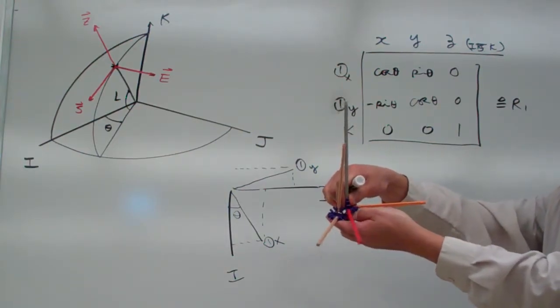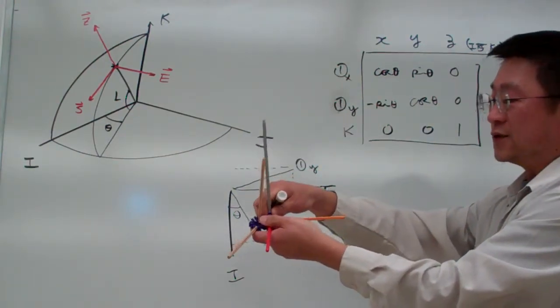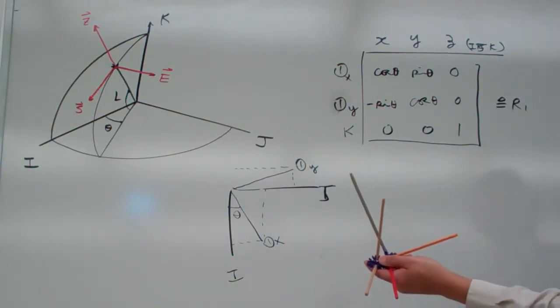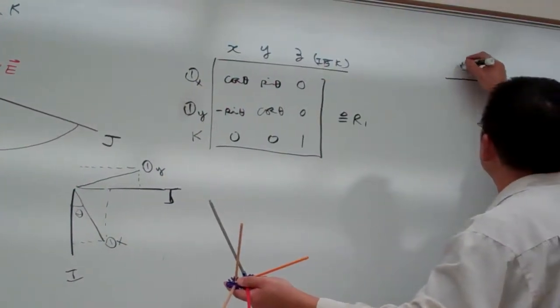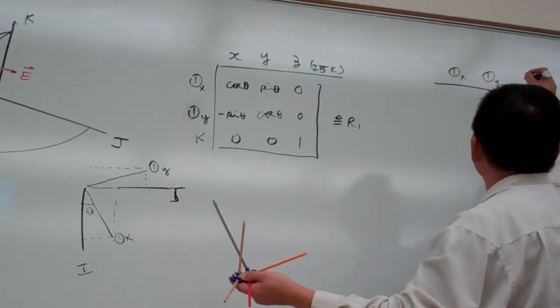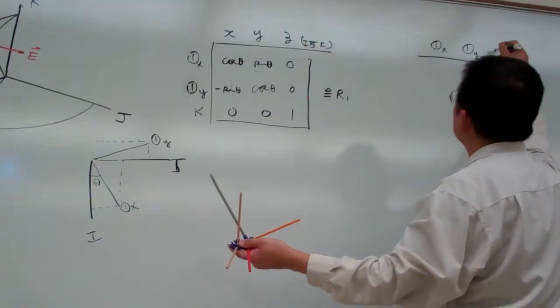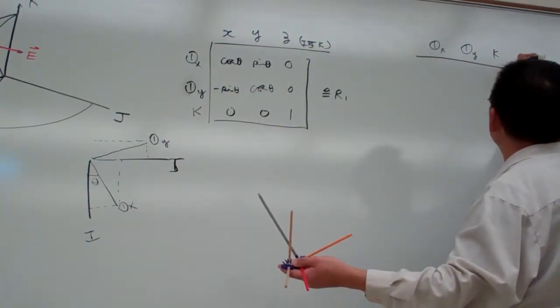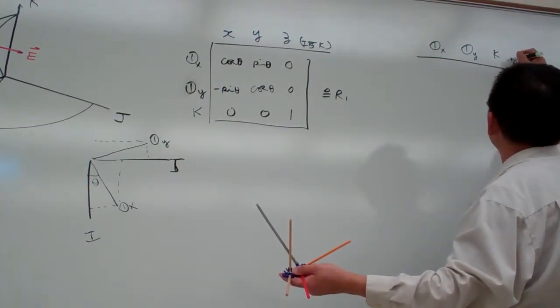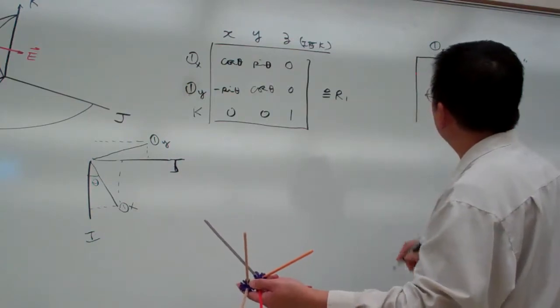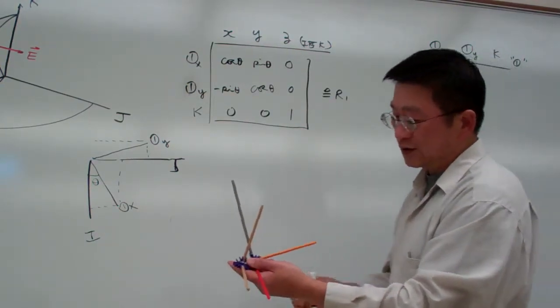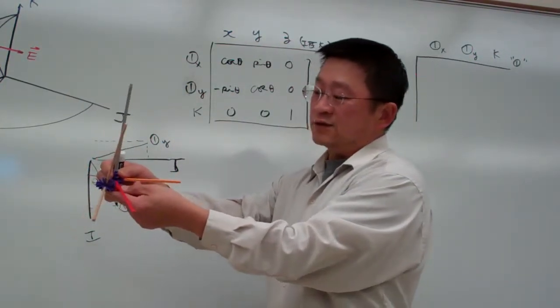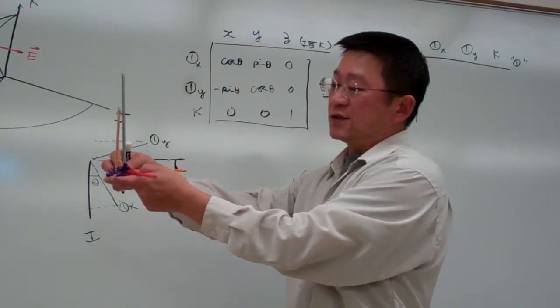Okay. And right now, for the second operation, so using this one. So that is for our coordinate system 1, okay? So right now, we want to transform into the coordinate system. So for the second operation, this is the first operation.